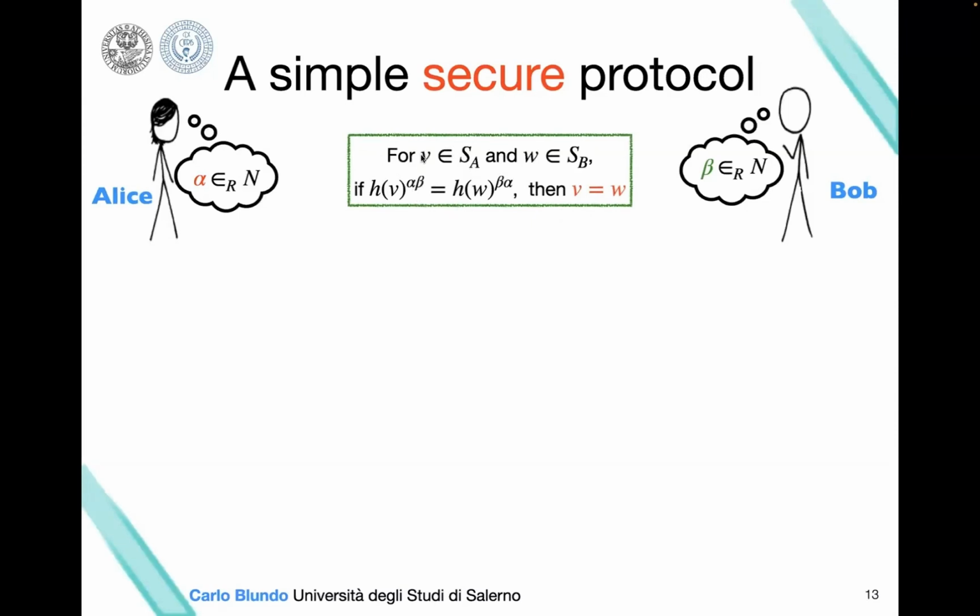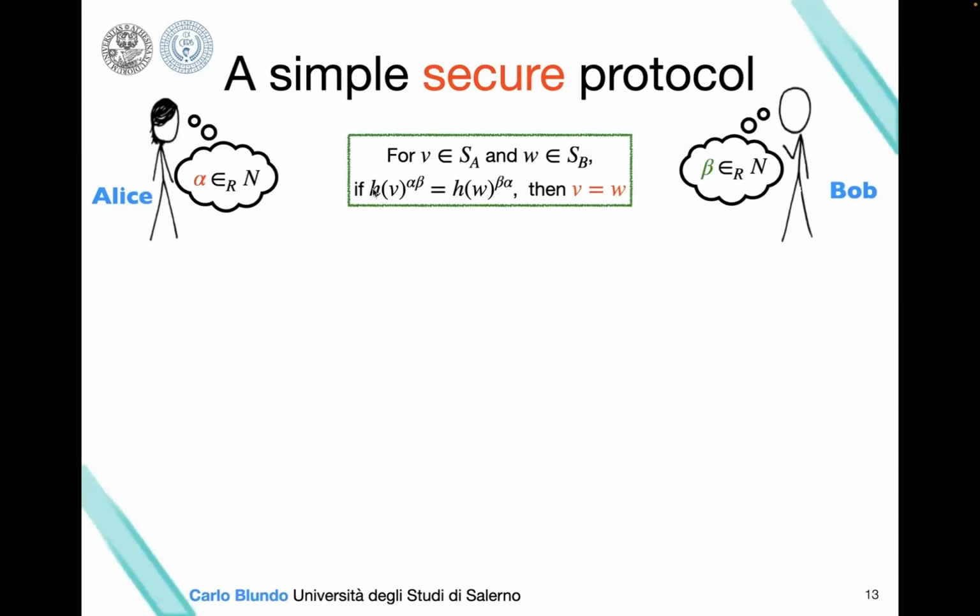If we have two values, V belonging to Alice and W belonging to Bob, and the two values are the same, then if you compute the hash value of V and raise it first to alpha and then to beta, we get the same value as computing the hash value of W, raising it to beta and then to alpha.